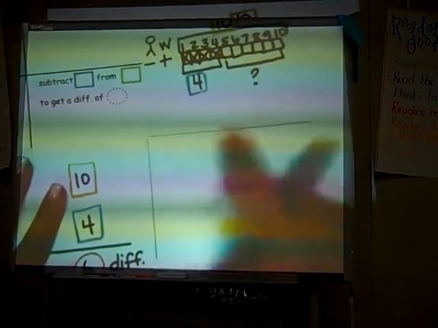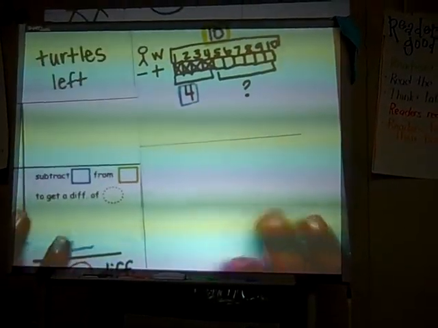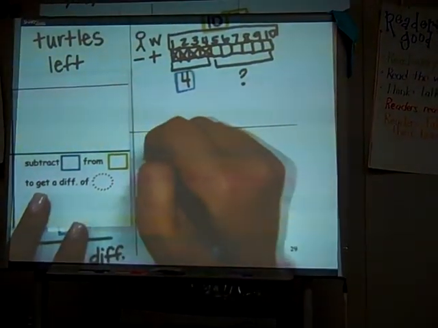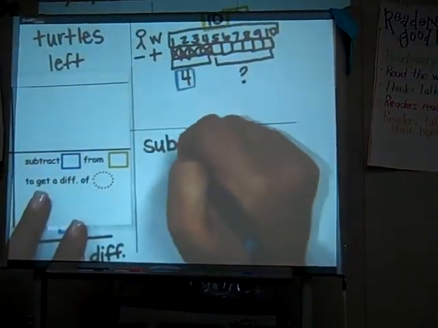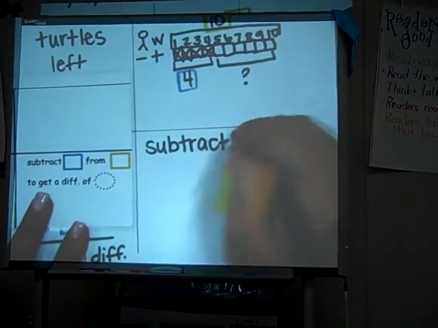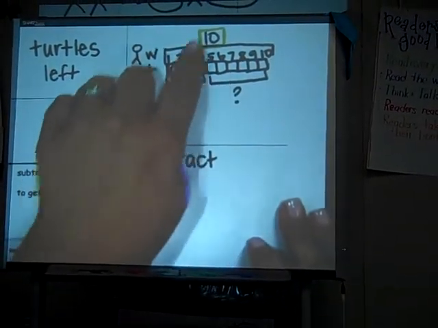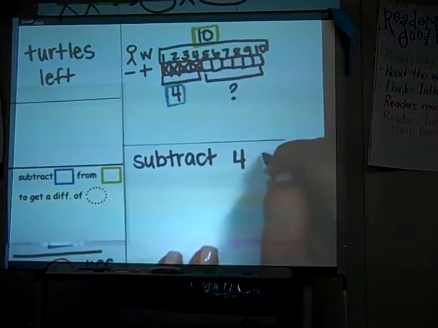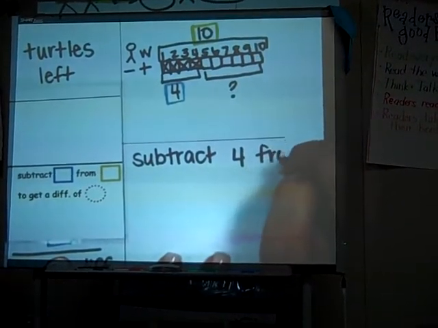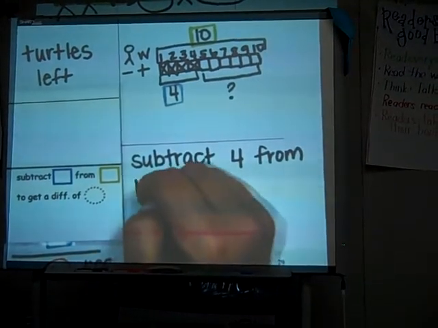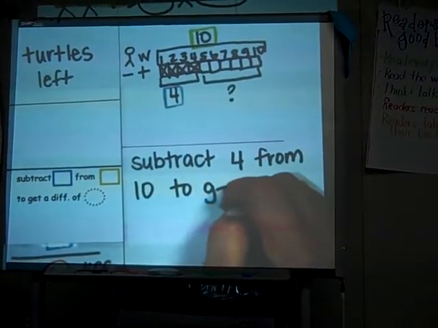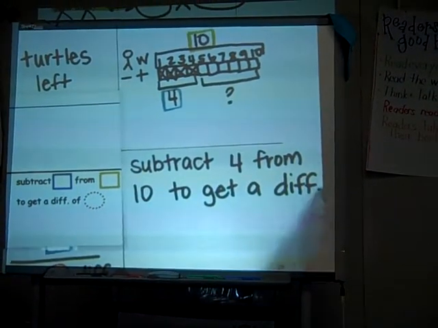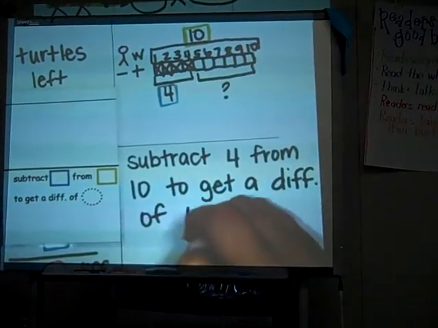And to tell me how they got their answer, again, I give them this help card to help them write all those words. They write, I subtract, and they are subtracting 4 away from 10. So we put the blue box, subtract 4 from 10 to get a diff of 6.